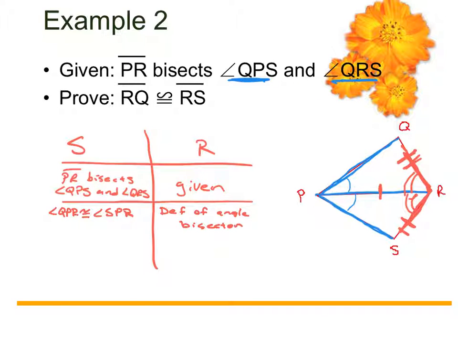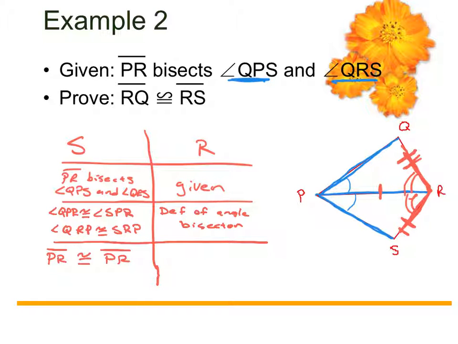But also, and I'm going to squeeze this onto one line here, we also found out that angle QRP, the one on the right, is congruent to SRP, the one on the right. That was still within the definition of an angle bisector. And then we got PR was congruent to PR, and that was the reflexive property.